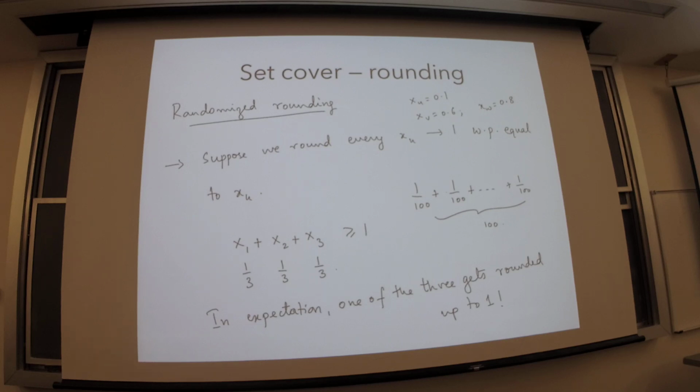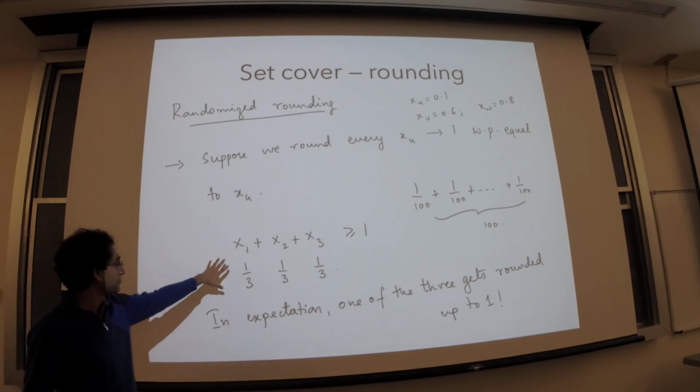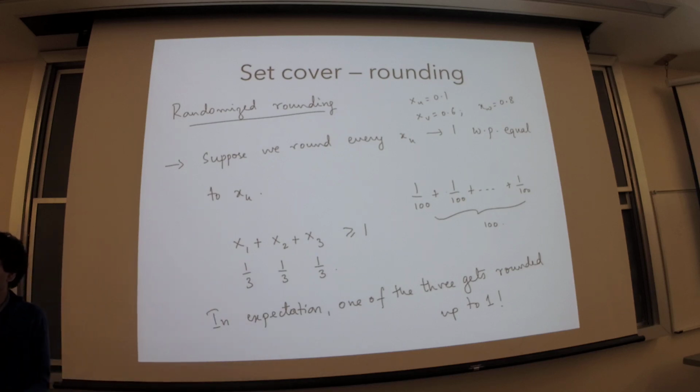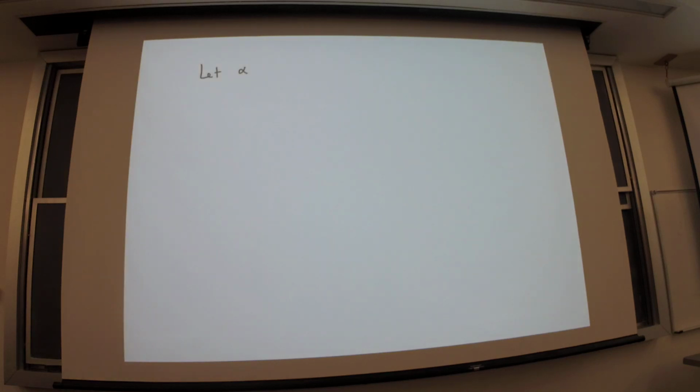So instead of rounding it up with probability 1/3, maybe I round it up with probability alpha times 1/3, and I will pick some alpha so that things work out well. That's what alpha is doing. So let alpha be a parameter. We will pick it later.